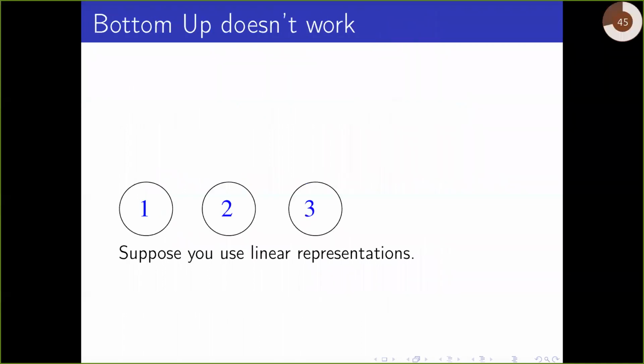Okay, so let me tell you some more bad news. We argued before that we needed to worry about training from the bottom up in order to minimize the regret. Okay, so that doesn't work. The way to see this is, suppose you have a feature which is just the position on the x-axis here. So you have 1, 2, and 3, which are the class labels. The feature that corresponds to them is x equals 1, x equals 2, or x equals 3. So this is very simple. If you wanted to do something in a bottom-up fashion, you wouldn't know any structure in advance.